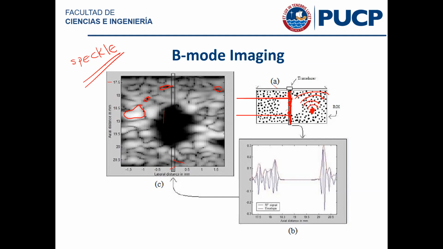Speckle occurs when you have many scatterers within a resolution cell of the transducer. The resolution cell, spoiler, because that's something that we still have to talk about, is in the order of maybe several tens of micrometers in every direction. So you're looking at several structures that are smaller than that, and those are typically tied to cells.